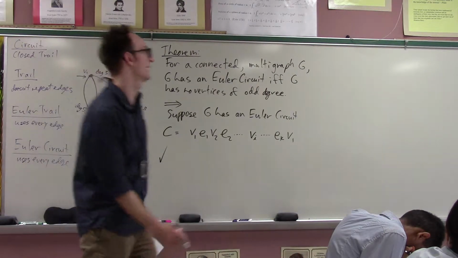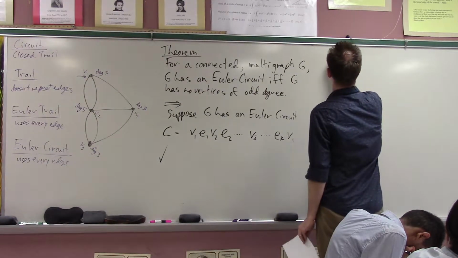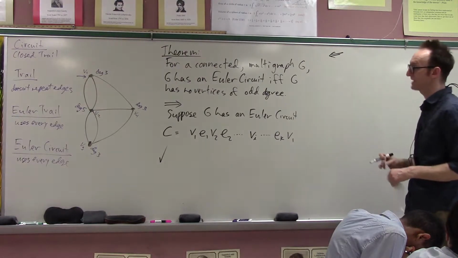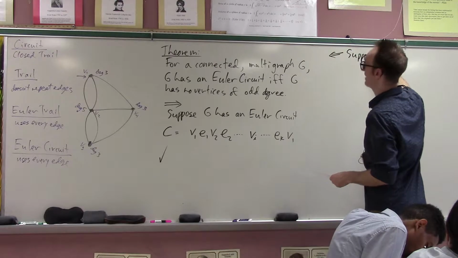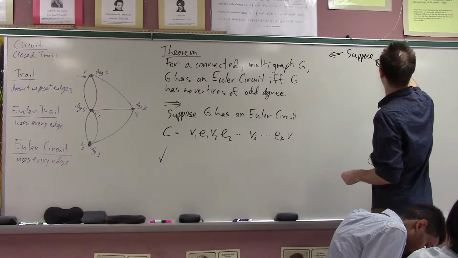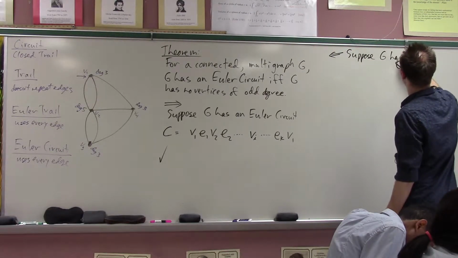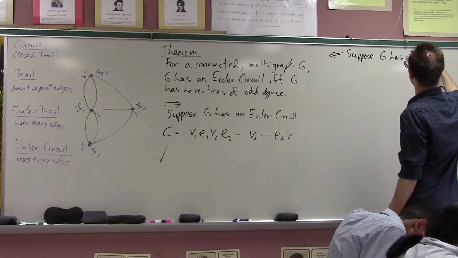Far more difficult, I think, is going in the other direction. The other direction says, suppose that G has no vertices of odd degree.